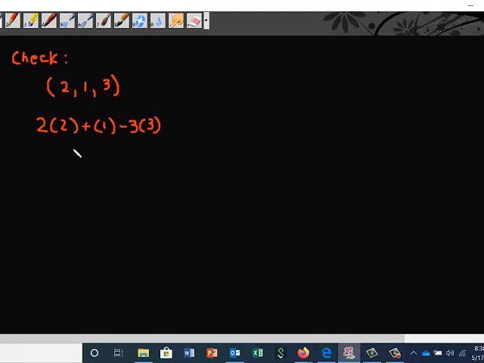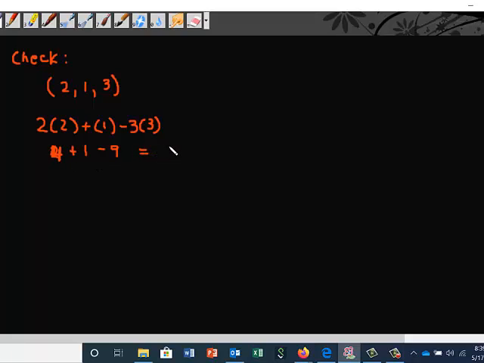Now, we know that the original equation's solution was negative 4. So let's see if we get the same thing. 2 plus 1 minus 9. So that's going to be, whoops, 2 times 2 is 4. Sorry, folks. I was getting a little nervous there. I said, uh-oh, we made a mistake somewhere.